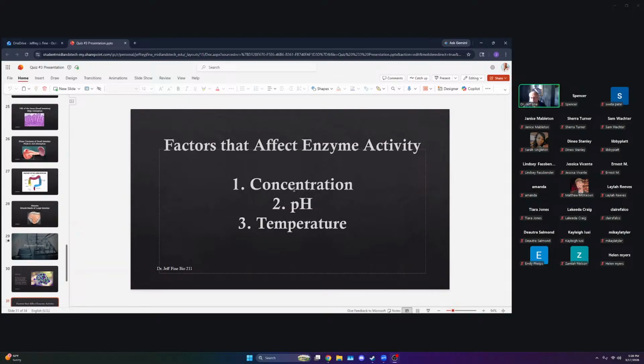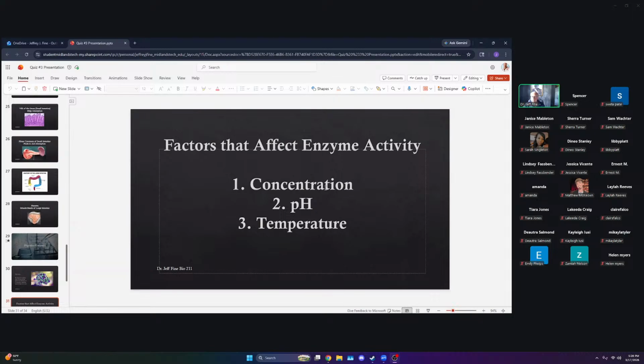If you have more of a given enzyme, let's talk about amylase in the oral cavity, since that's the one we've talked about so far at pretty good length over in lecture. Amylase in our saliva. If there's more amylase in our saliva, we're going to have more effective chemical digestion. We're going to have a more intense chemical reaction than if we had less amylase. I think that's kind of common sense, right?